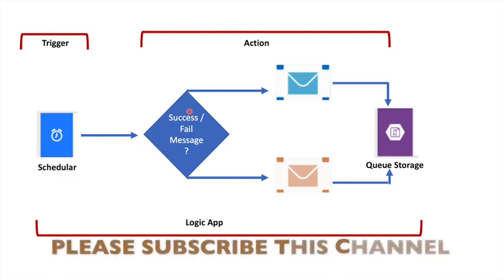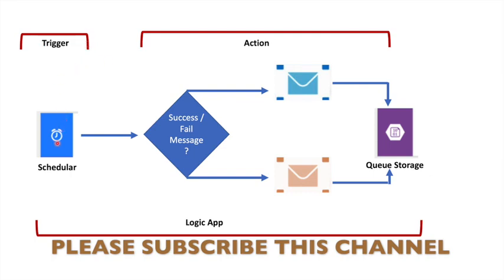Then if we send the message, if it is a success message, it will have a different message, and it will go to the queue storage. And if it is a failed message, the message content would be different, and it will also go to the queue storage.